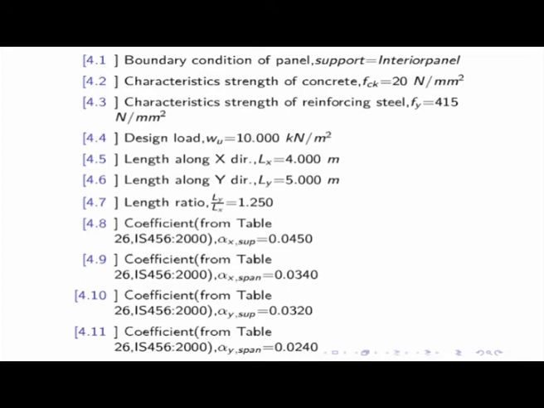Coefficient from table 26 IS 456, alpha x support 0.45, coefficient for alpha x span 0.034, and similarly alpha y support 0.032, and then alpha y span 0.024. So immediately after getting Ly by Lx, I can calculate these values, alpha x support and span, all those things we can calculate here.